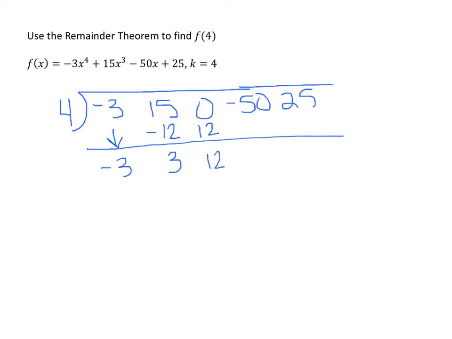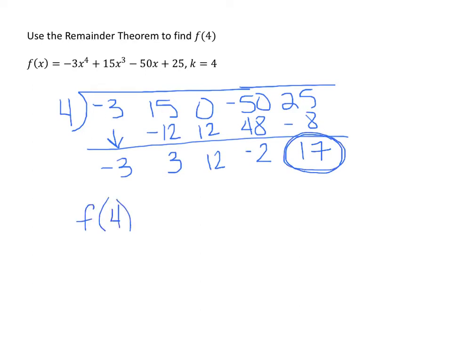Twelve times 4, that's 48. So this is my remainder. So f of 4 is equal to 17.